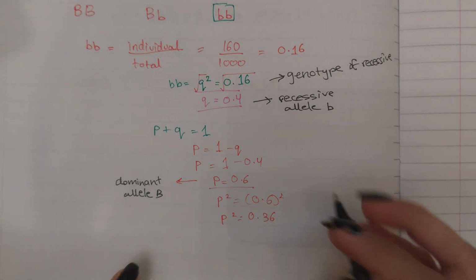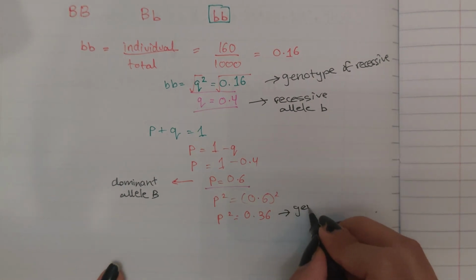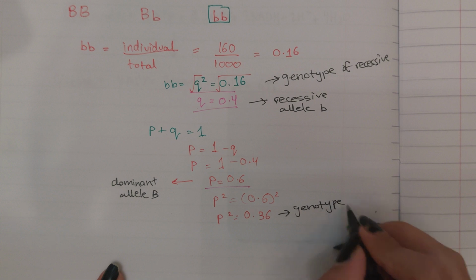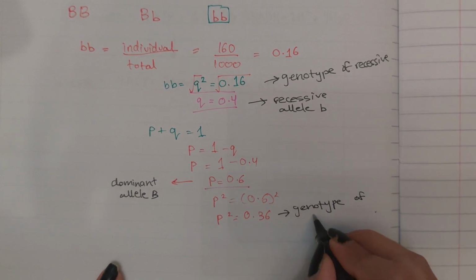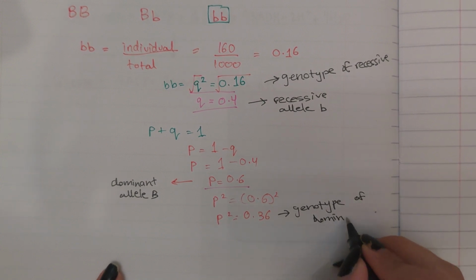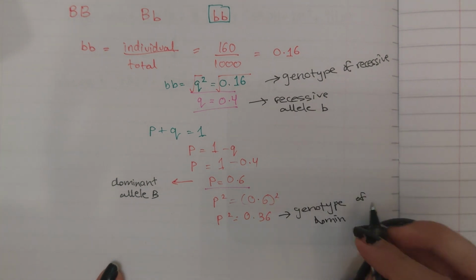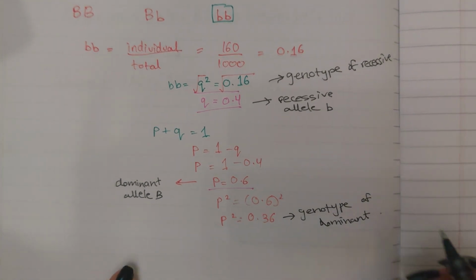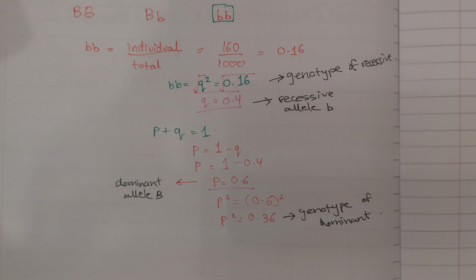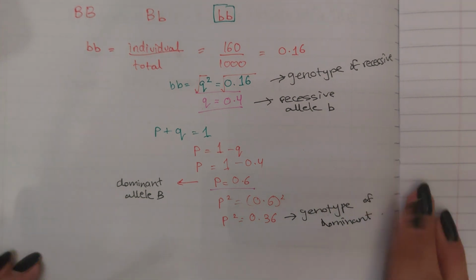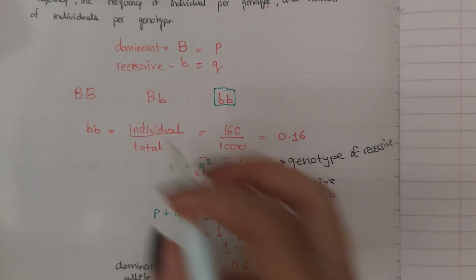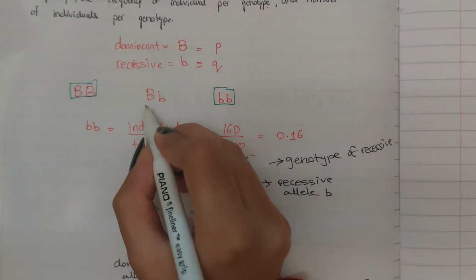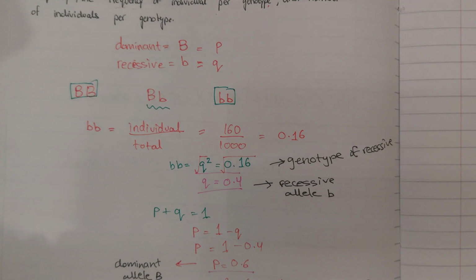Now we have found the genotype frequency of the dominant individuals. We've got all four of these. All we are left with is the heterozygous individual.